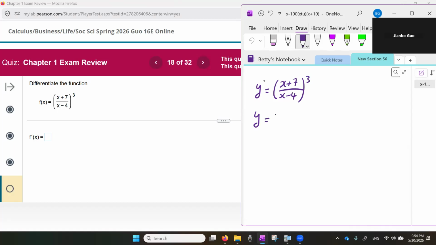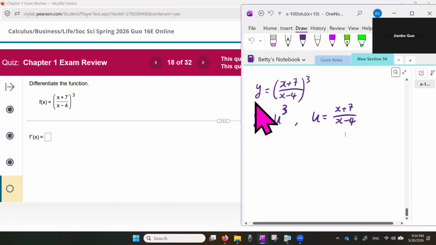The outside function is a power function. The inside function is a rational function. So we let u be the stuff inside the parentheses. Then the original function is y equals u cubed.